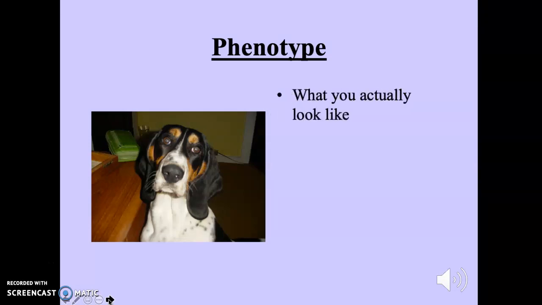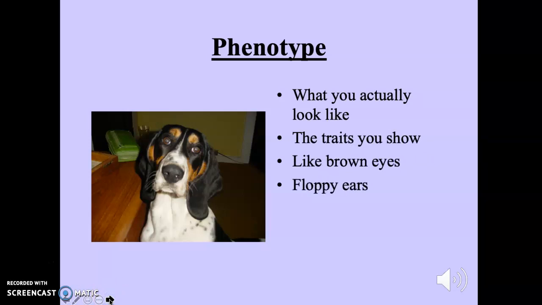Phenotype. This is what you actually look like. If you were describing this dog, you would say things like, he has brown eyes, floppy ears, he's extremely intelligent. All the things you would use to describe this dog are basically things that you can observe or see. That's a phenotype.